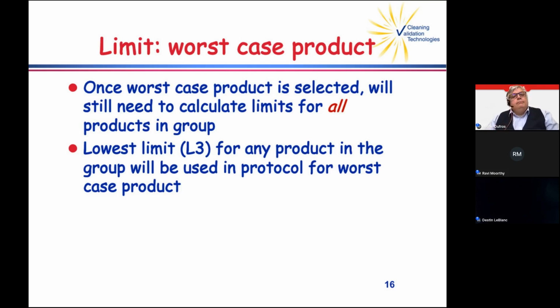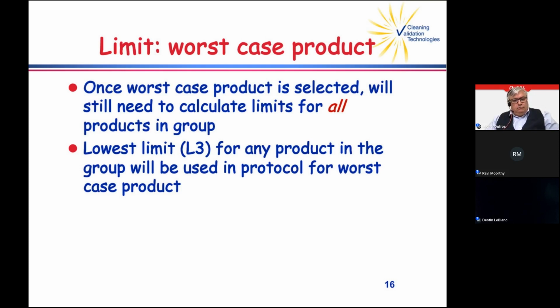Then when we pick by the point system or by the stage point system or whatever system we use for picking the worst case product in a grouping approach, our protocol is going to be on that worst case product. We're going to use as the limit for that worst case product not necessarily its own limit, but the lowest limit for any product in the group.